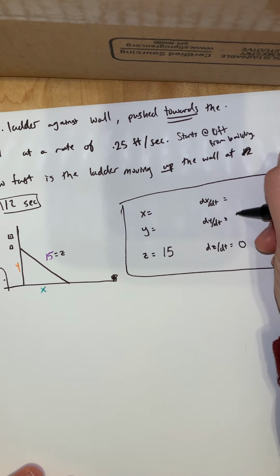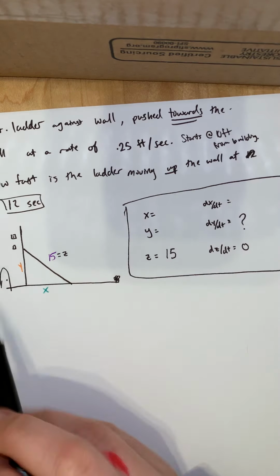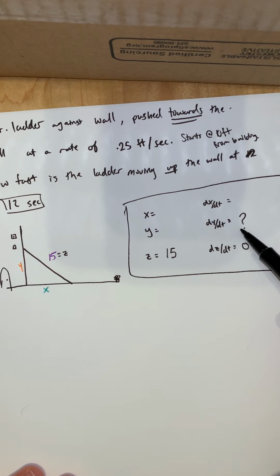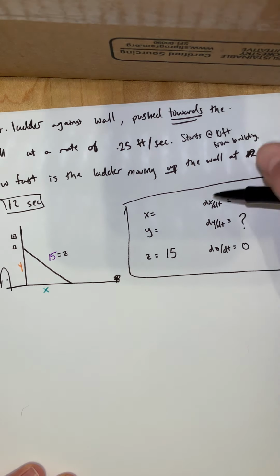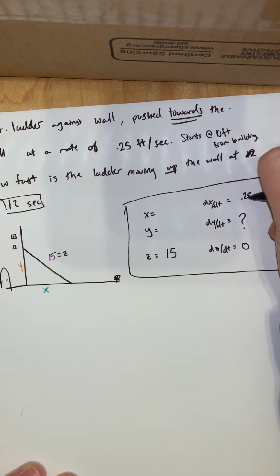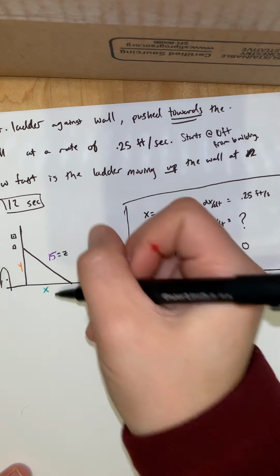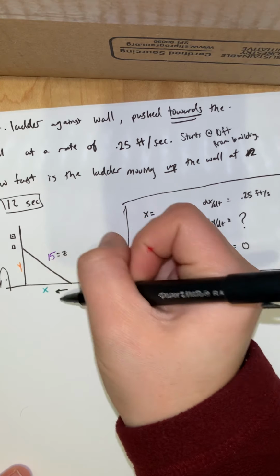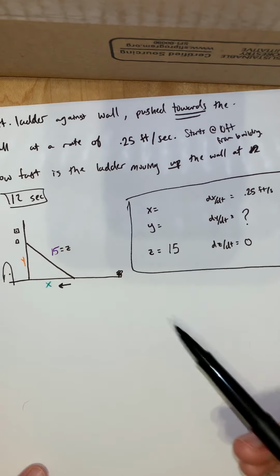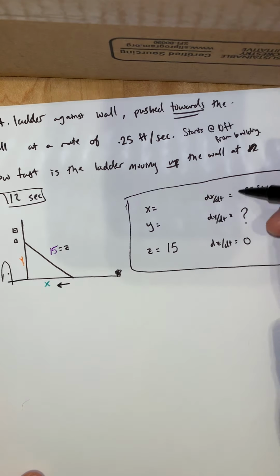dy/dt, that's what we want to find, right? How fast is the ladder moving up the wall? This is the one that I want. It's not just something I don't know yet. And then dx/dt is 0.25 feet per second, and this is where in class I'd ask is it positive or negative. Because I'm pushing the ladder towards the wall, it's moving in the negative x direction.